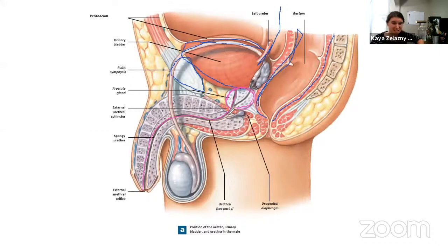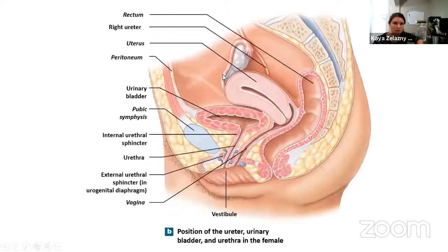So this can be a symptom of prostate issues. That's one of the things you will look out for regarding urine in male patients or any patients with a prostate.